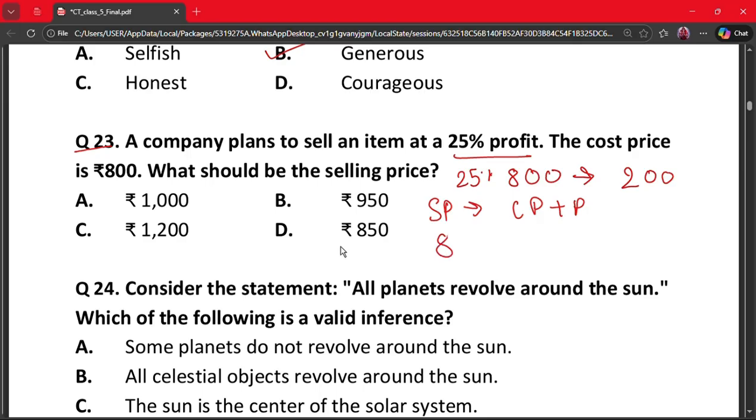So 800 plus 200 gives us rupees 1000, CP plus P. So our option A is the correct option, as it says rupees 1000.